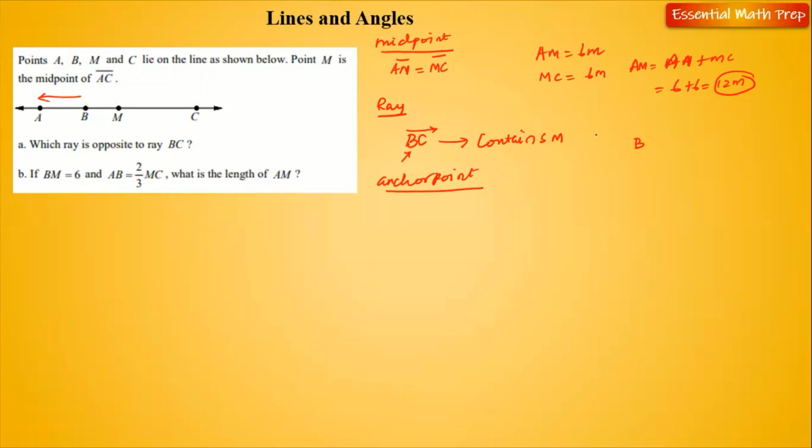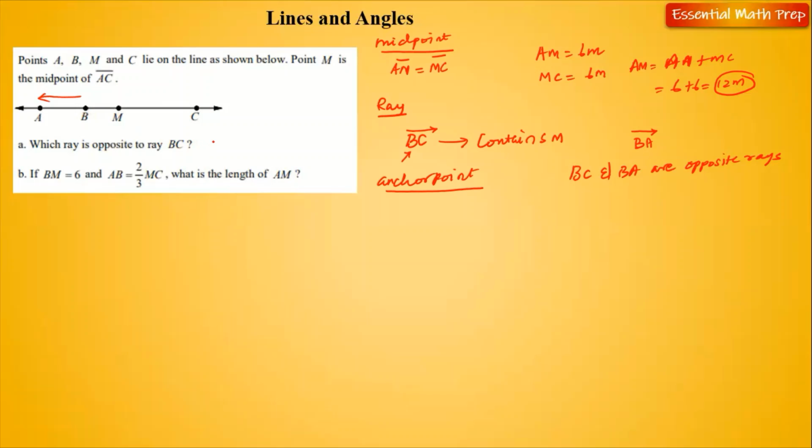So that means BA, right? You're starting from B and the arrow is pointing towards A because that's the direction in which you're heading, right? So BC and BA are opposite rays, for one main reason: BA does not contain any of the points covered by BC, right?